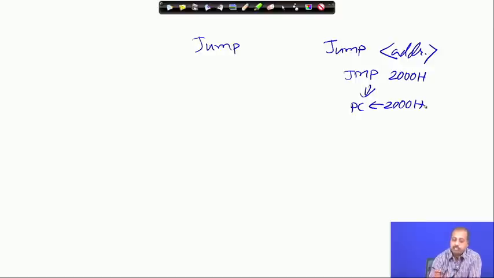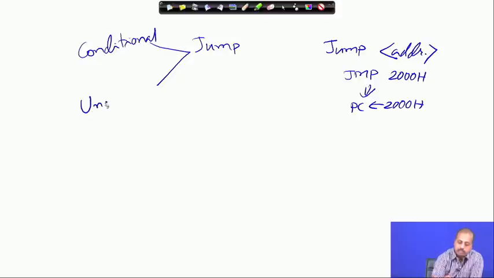So, for jumps we can have different types of classification. One classification is by functionality, which is conditional jump versus unconditional jump.